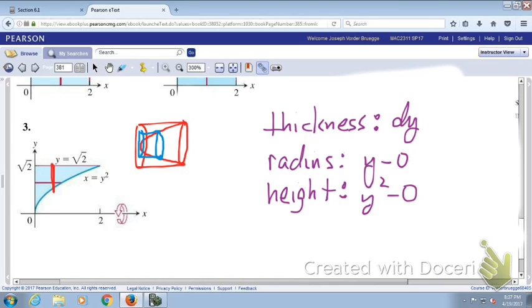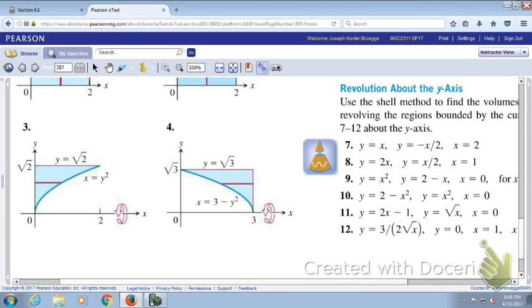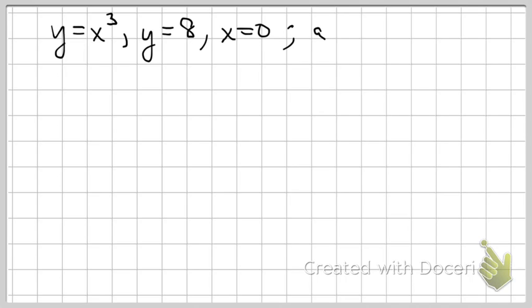Okay. Let's try another one. What if we look at y equals x cubed, y equals 8, x equals 0, let's revolve about the y-axis.